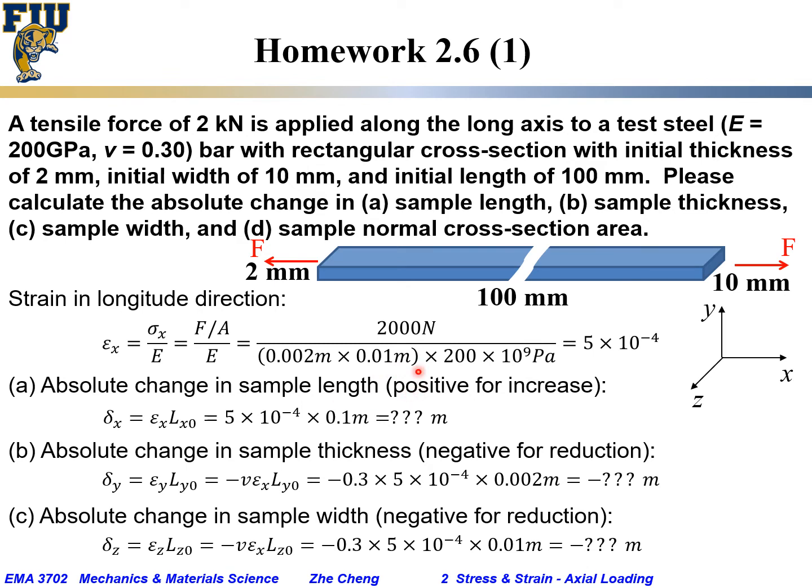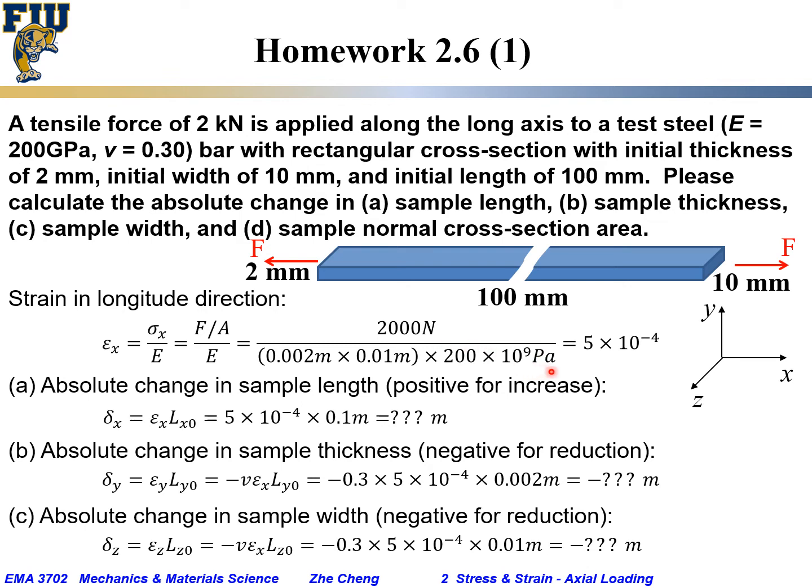That is our area, force over area. That gives us the normal stress along this x or horizontal longitudinal axis, and stress over elastic modulus, which is 200 gigapascal, 200 times 10 to the power of 9 Pascal, gives us the strain.